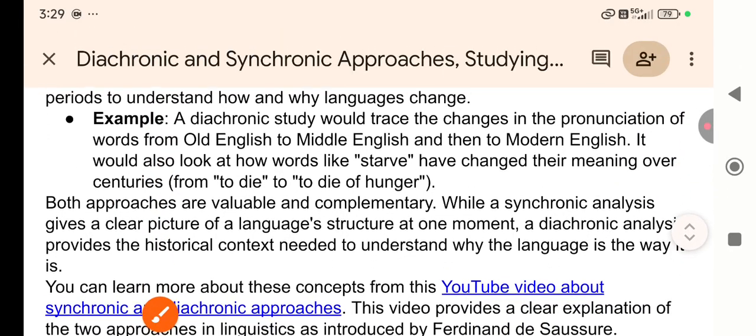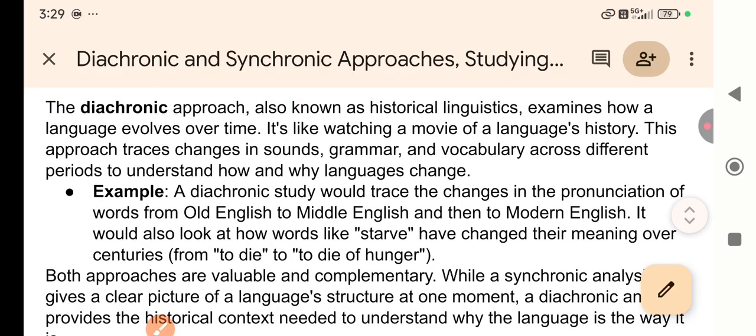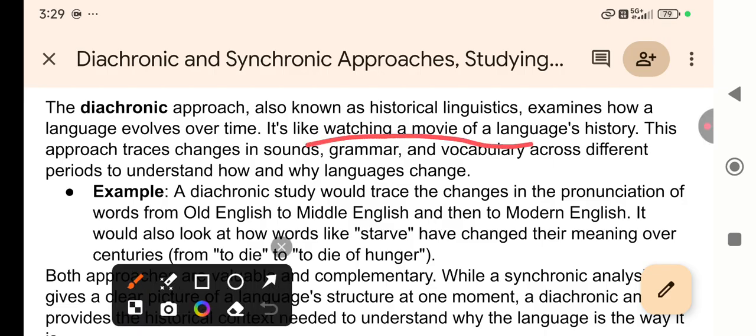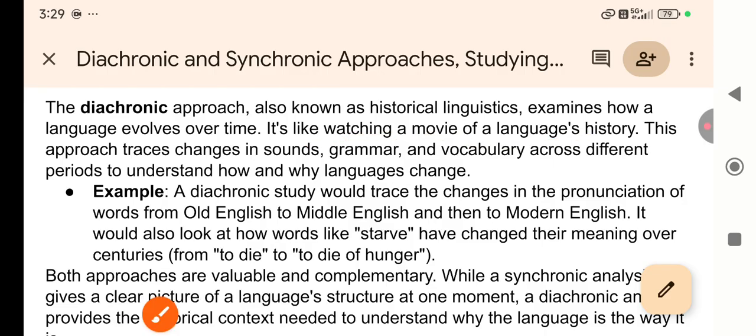And when we watch a movie of a language, that is the historical, diachronic approach. So that is a little knowledge about synchronic and diachronic. That is enough for writing a short note on diachronic and synchronic approaches for studying the English language.